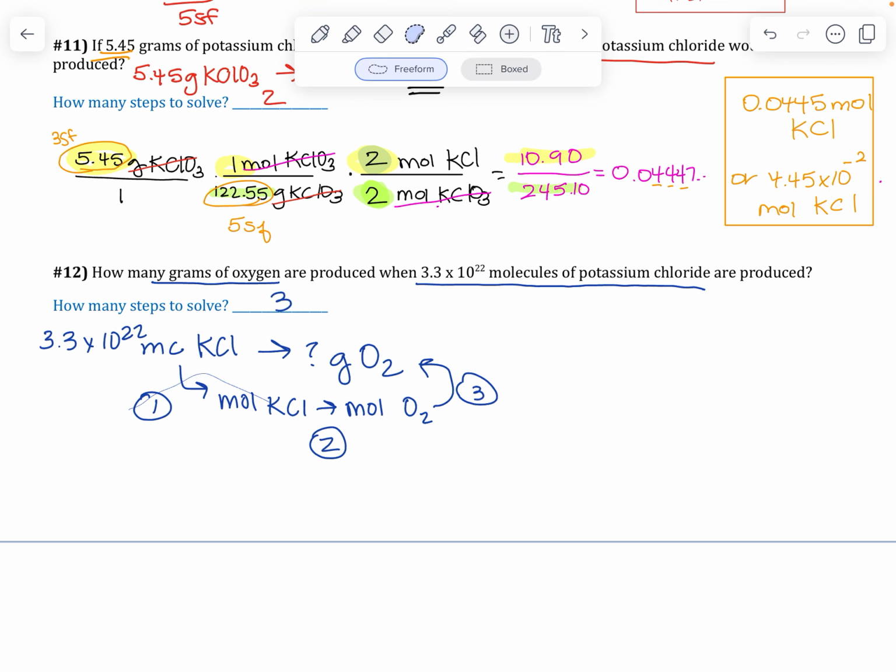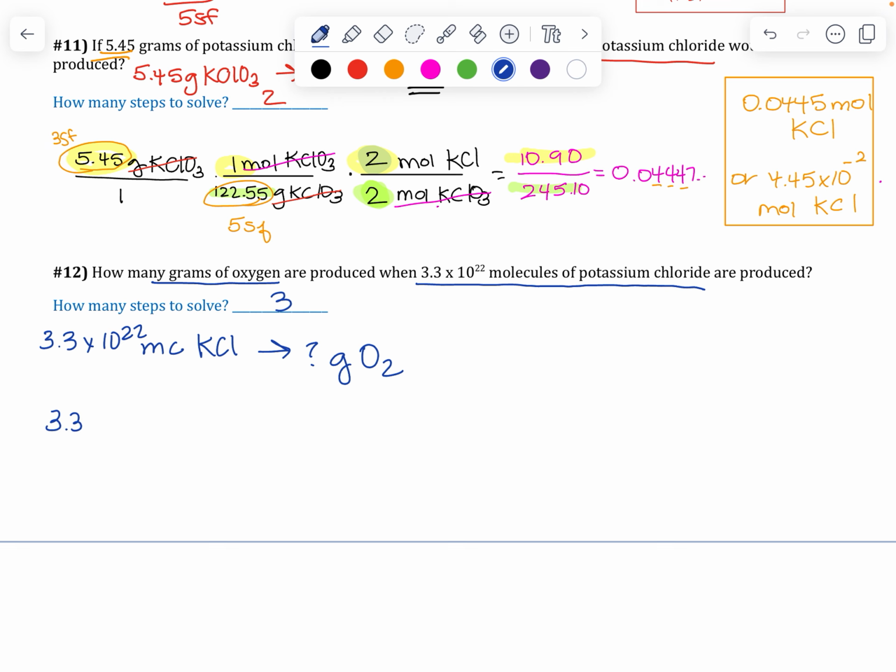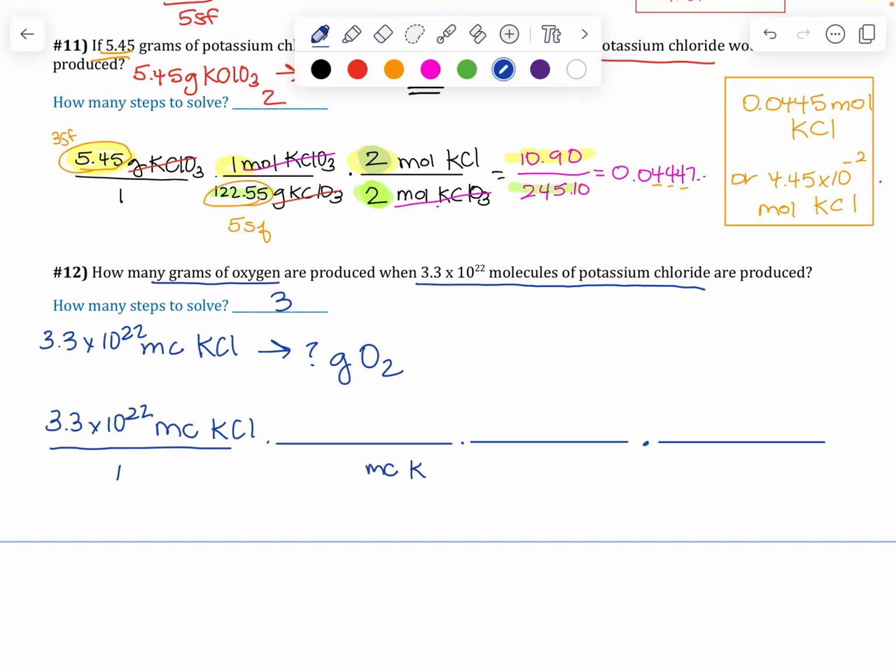I'm going to erase some of this stuff that we don't need. So 3.3 times 10 to the 22nd molecules of potassium chloride. And again, that's our given value, so that doesn't count as a conversion factor. Those 3 steps are going to be my 3 conversion factors that I use. Getting rid of molecules of KCl.